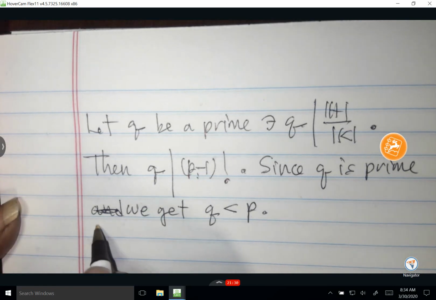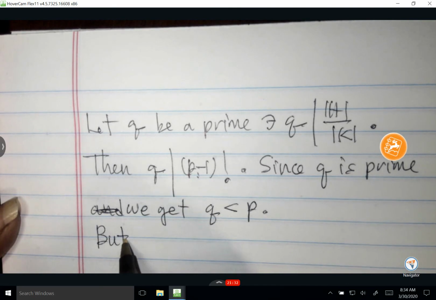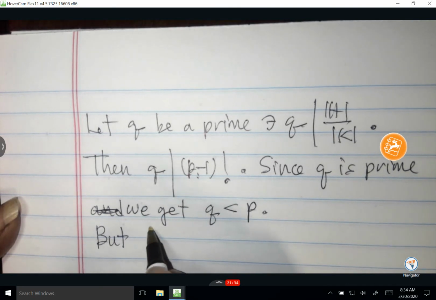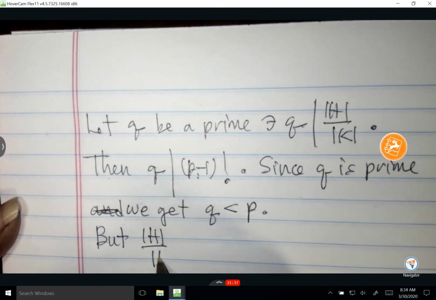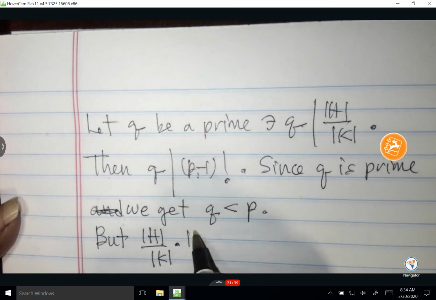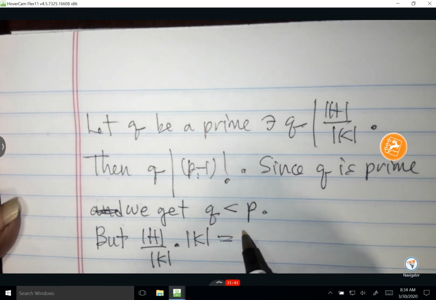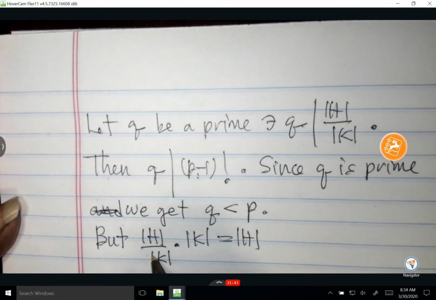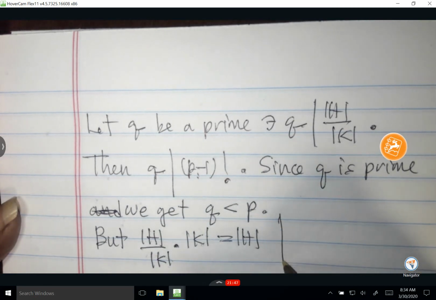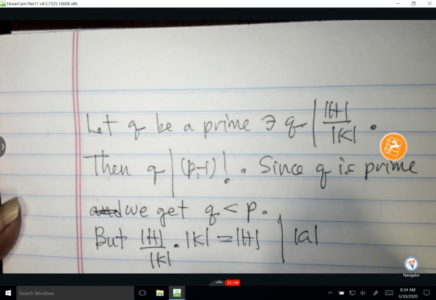But the order of H over the order of K times the order of K equals the order of H, because these cancel. And that divides the order of G, because H is a subgroup of G. Okay?